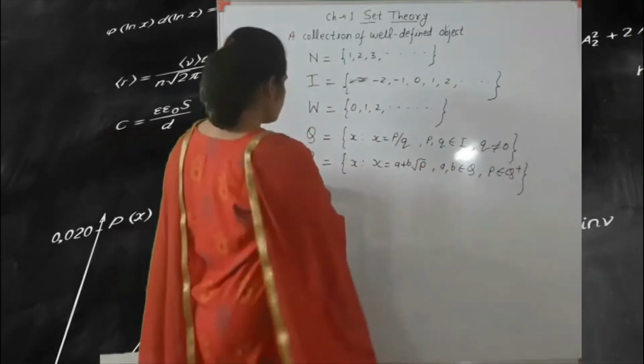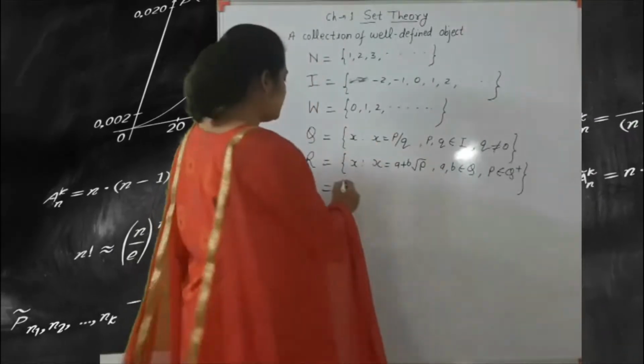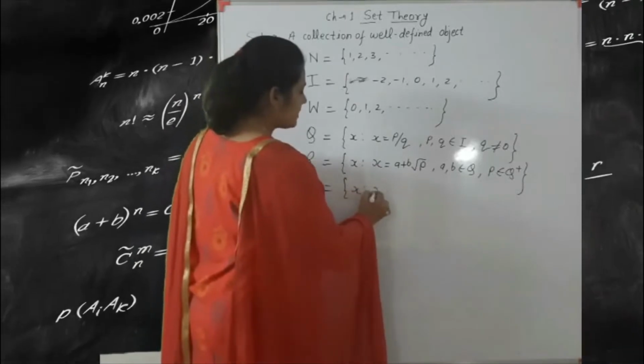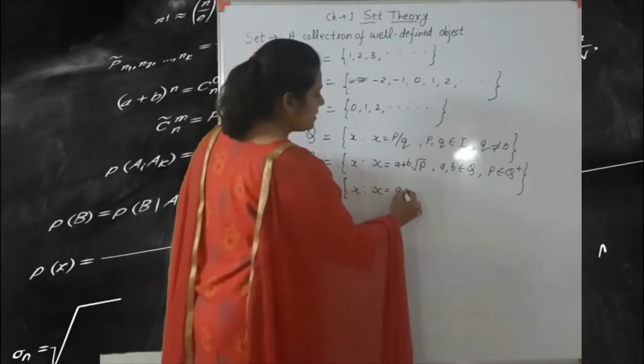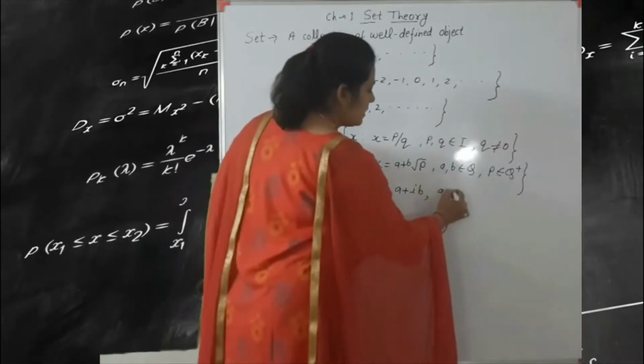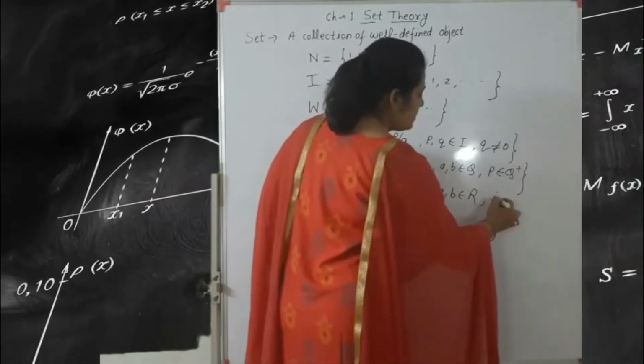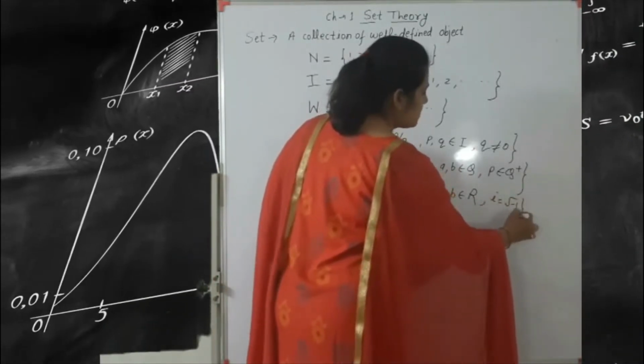Next one is the C, the set of the complex number. So here x is such that x is equal to a plus ib. Got it? Here a comma b belongs to R and i is equal to root minus 1.